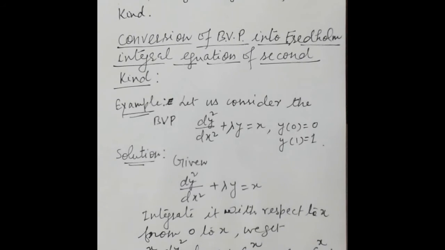So this implies dy by dx limit from 0 to x plus lambda, the integral from 0 to x y(x) dx is equal to x square by 2 limit from 0 to x.